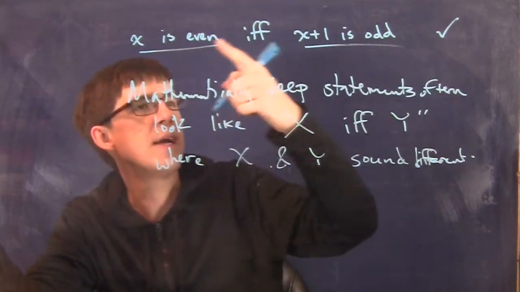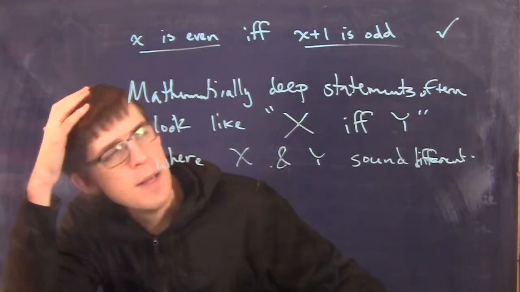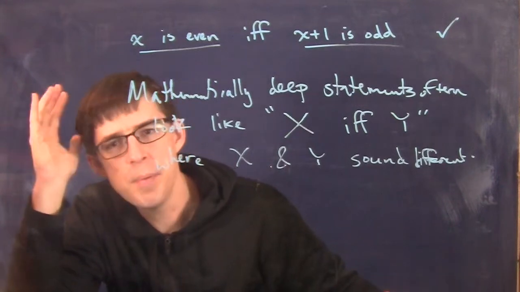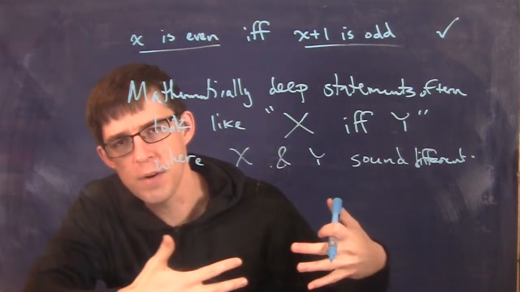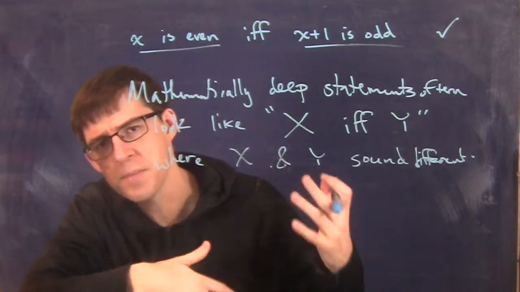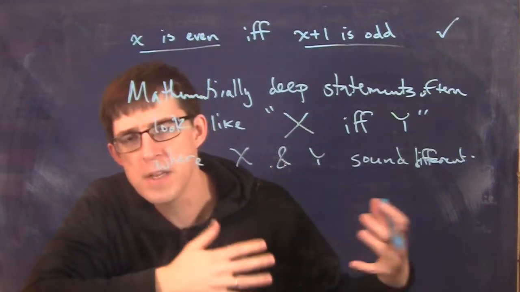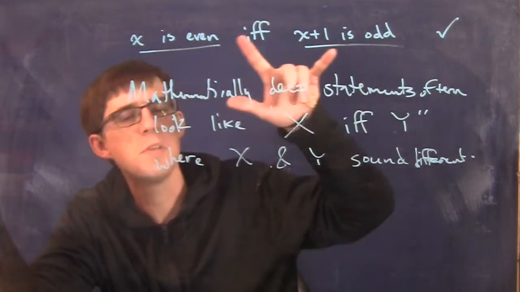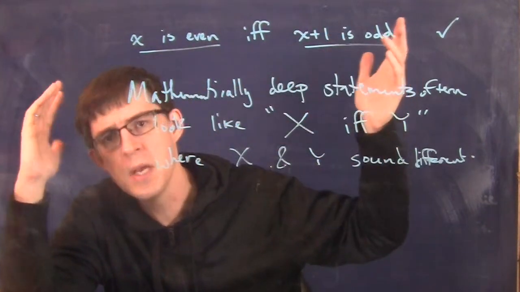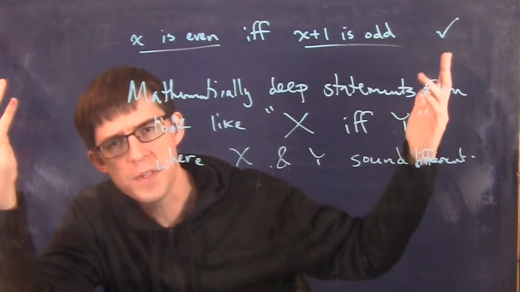See, this is what I wrote here: x is even if and only if x plus 1 is odd. That's not terribly deep because everybody knows that even and odd as concepts kind of go together. And if you say something about something being even, probably you can rephrase that as saying something else about something else being odd, because even and odd are very similar notions. They're kind of opposites, but they are both talking about sort of the same idea.